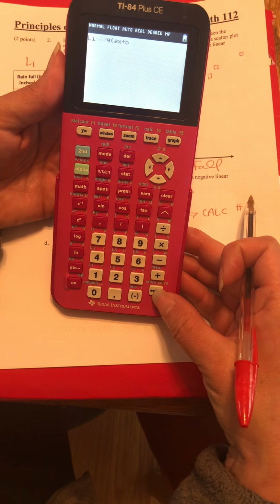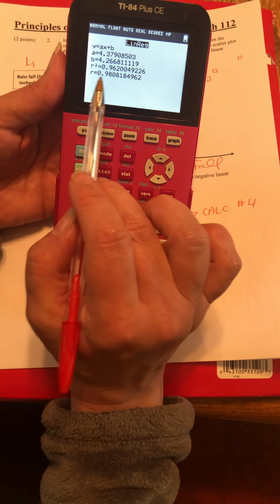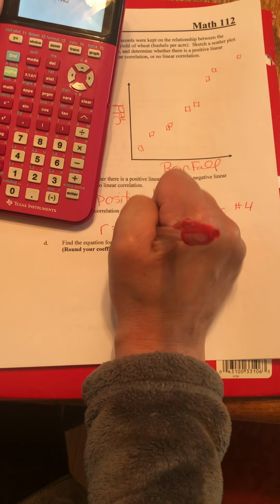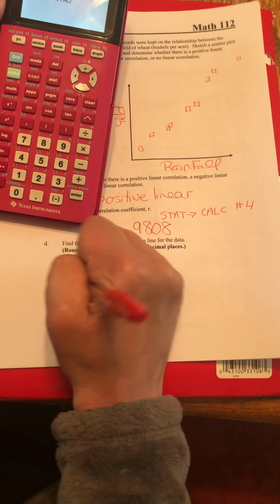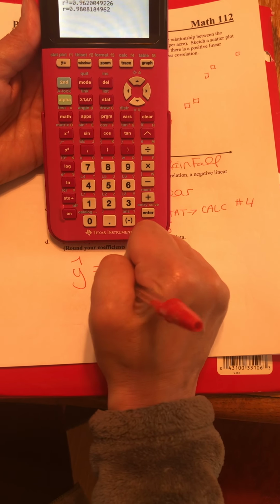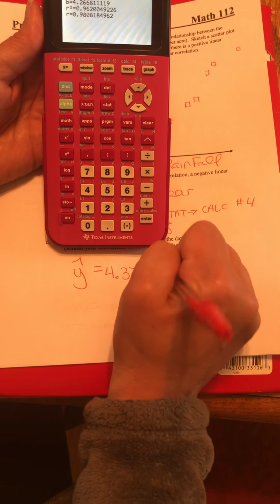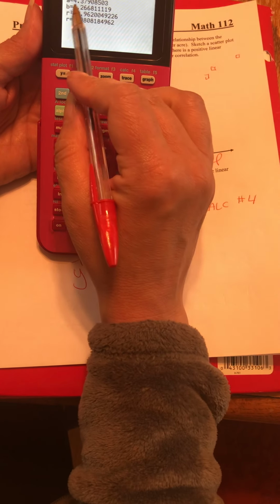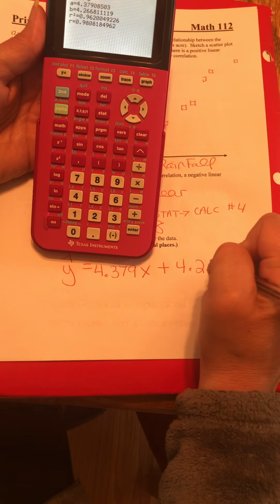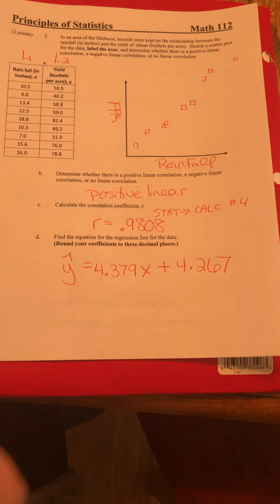So go to calculate, hit enter, and our R is down there at the bottom of the screen, which is 0.9808. And our equation is right there on that same screen. So ax plus b would be 4.379x plus b, which is 4.267.